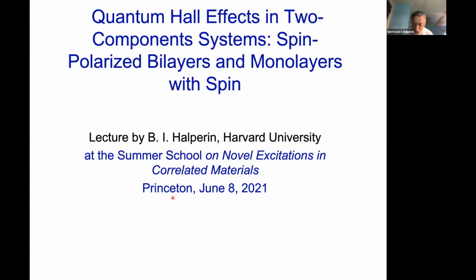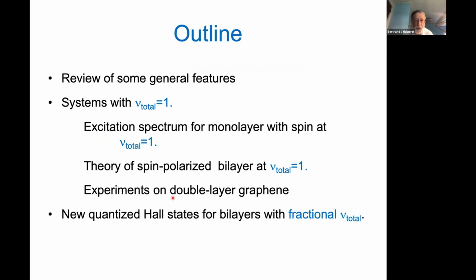The outline is I'm going to review some general features of the two component systems, and then I'm going to talk quite a bit about systems with nu total equals 1, which is of course directly related to what we heard in the last talk. I'm going to talk a little bit about the excitation spectrum for a monolayer with spin at nu total equals 1.